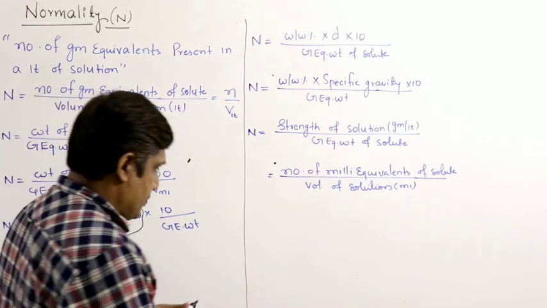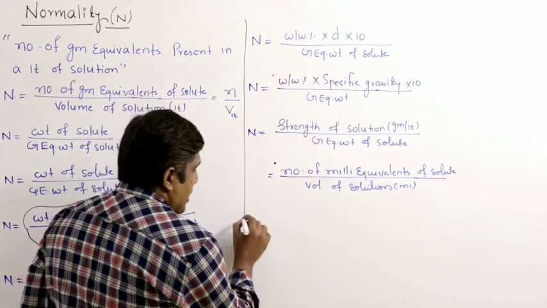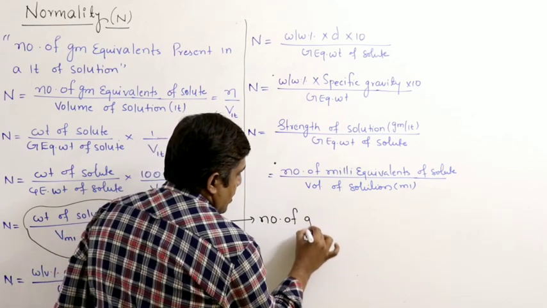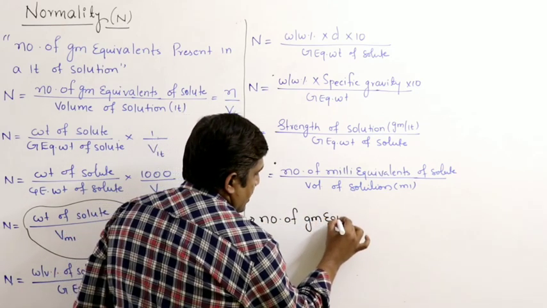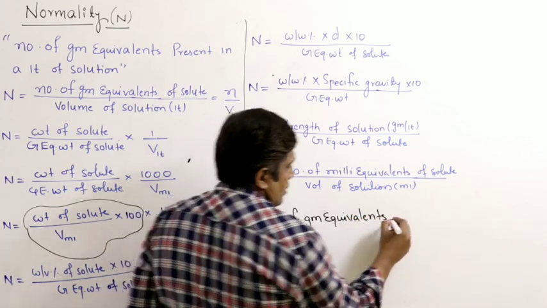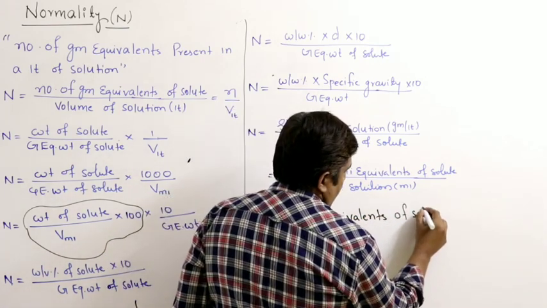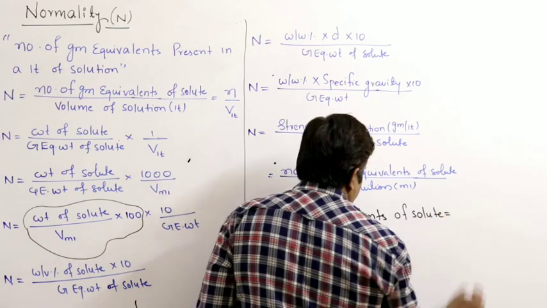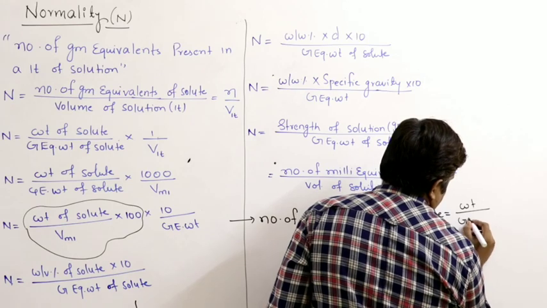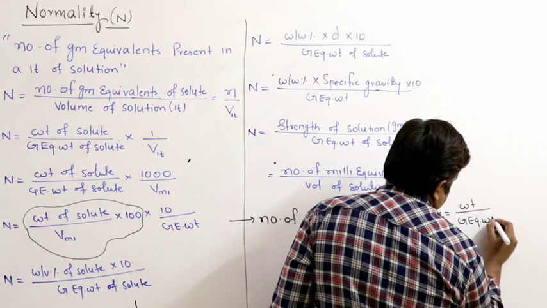Now let us see how to find number of gram equivalents of solute. How can you find number of gram equivalents? Weight of solute by gram equivalent weight.